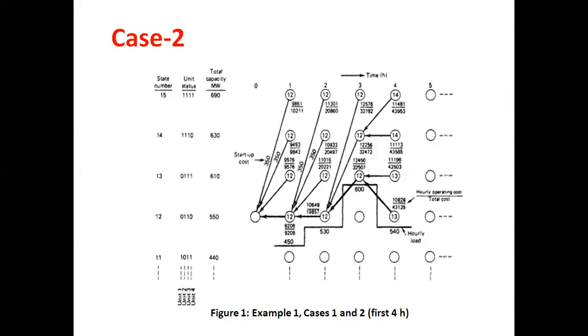Because we are doing the complete enumeration, rather than turning on unit 1, that is state 14, we are turning on the less efficient unit, unit 4. In this way, we meet the load demand for the third hour.